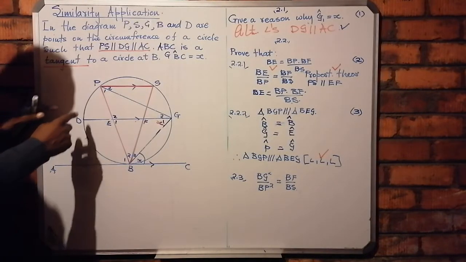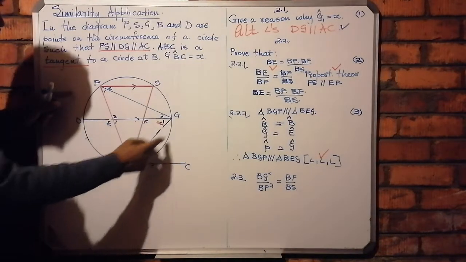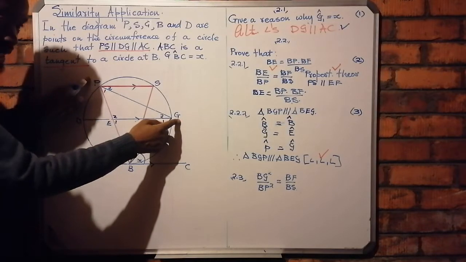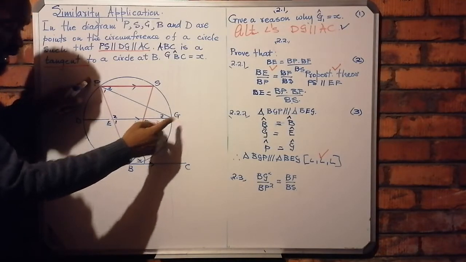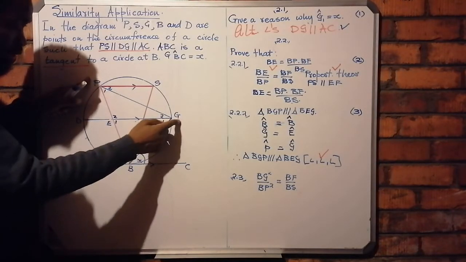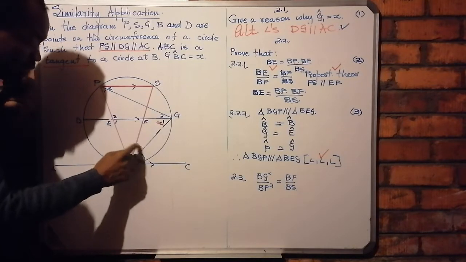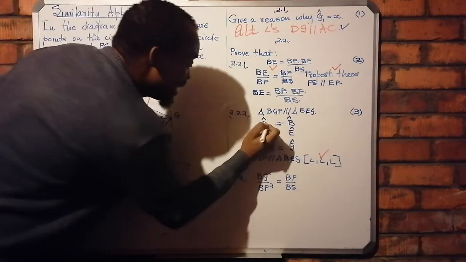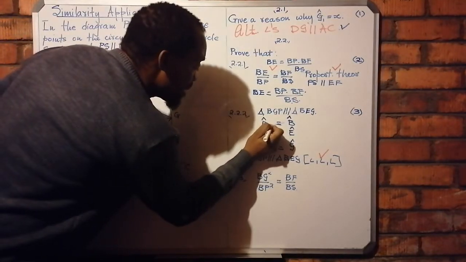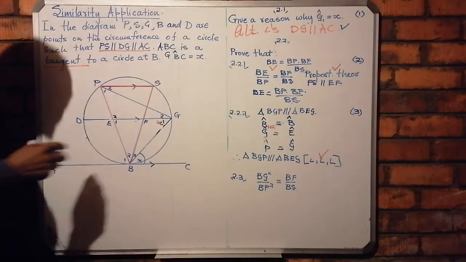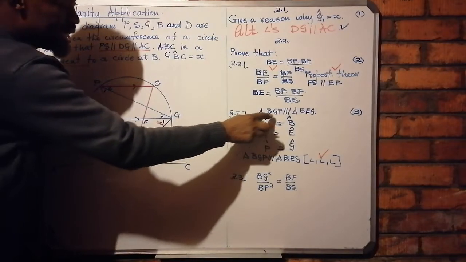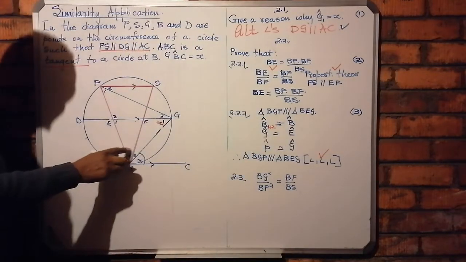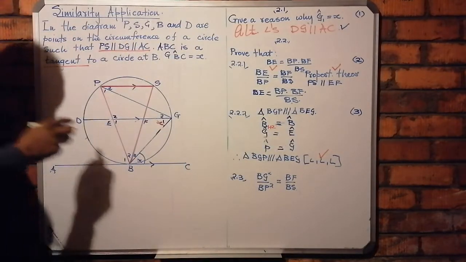Let's go to triangle BGP. Can you see that in triangle BGP, we are talking about angle B2 plus B3. Now, when I say angle B here, I mean angle B2 plus angle B3.